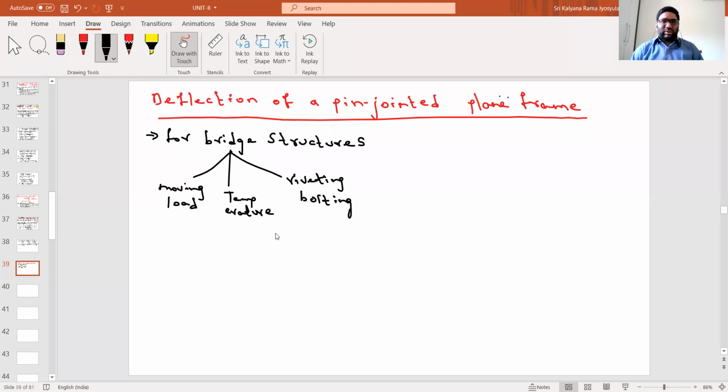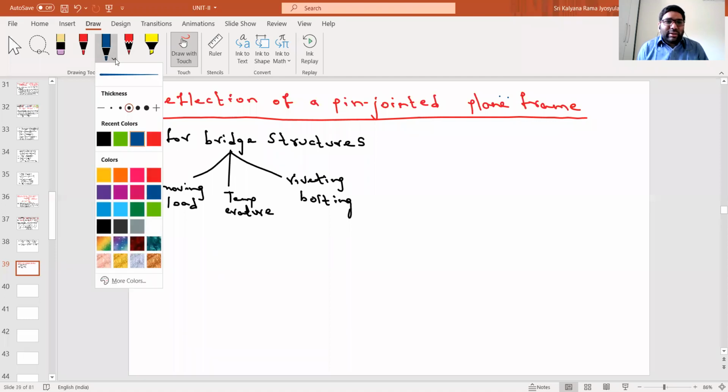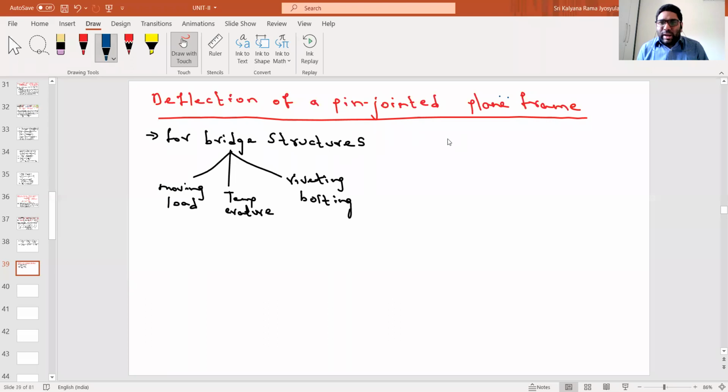So in order to calculate the deflection of a pin jointed plane frame, which is also called a truss, we have to use some methods. There are three important, famous methods.